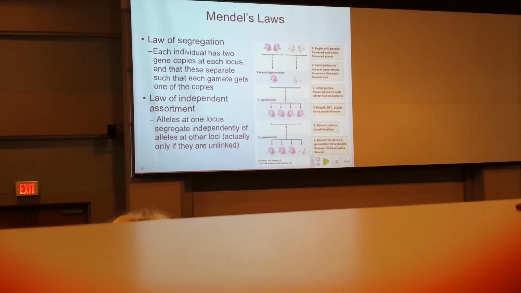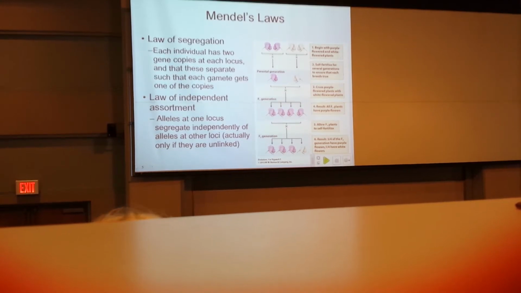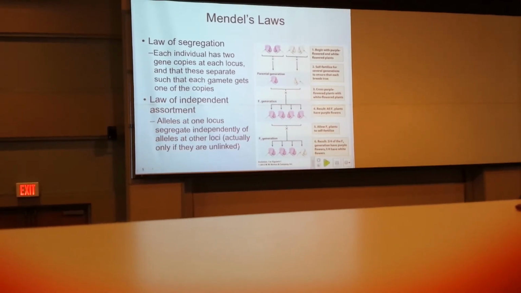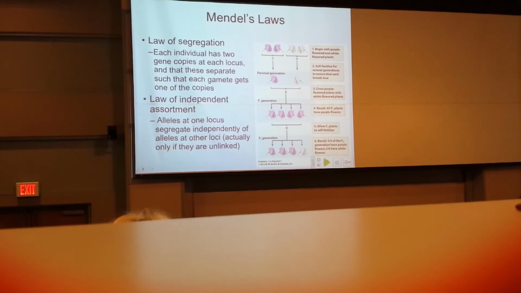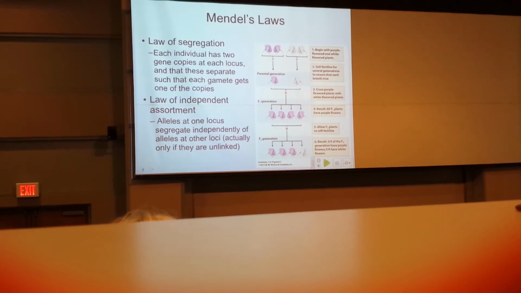In other words, purple and wrinkled seeds don't always go together, and white and unwrinkled seeds don't always go together. It turns out that this isn't exactly true, because it's only true if they occur on different chromosomes. And Mendel was lucky to work with a bunch of traits that were on different chromosomes in these pea plants, and therefore they did assort nicely in these situations.